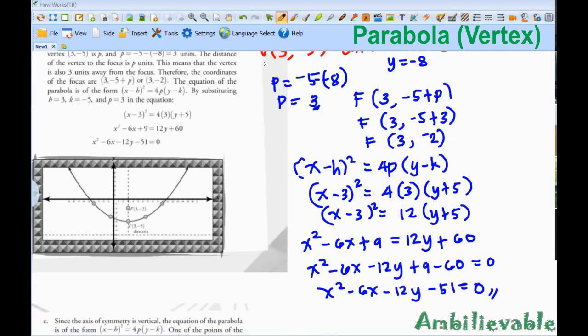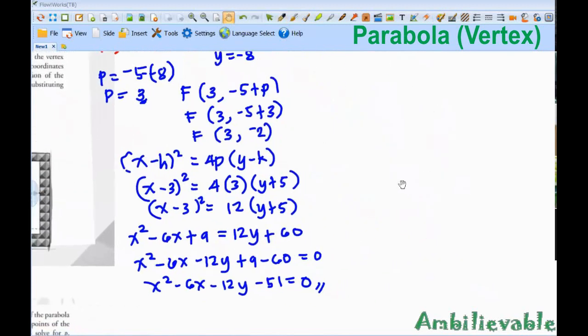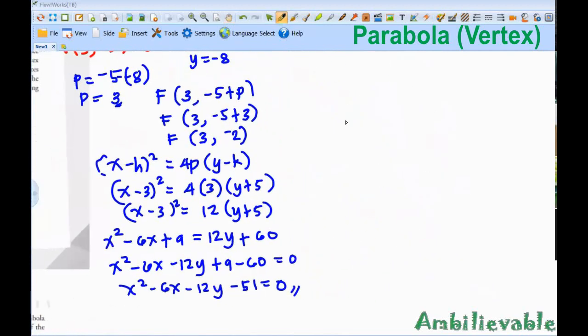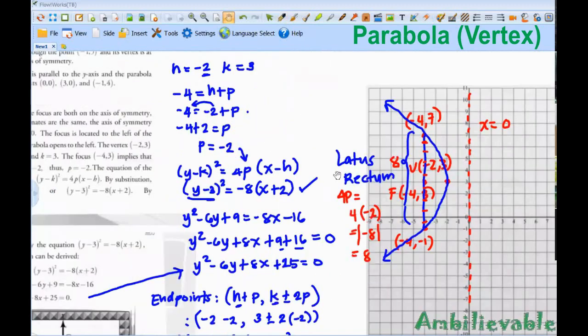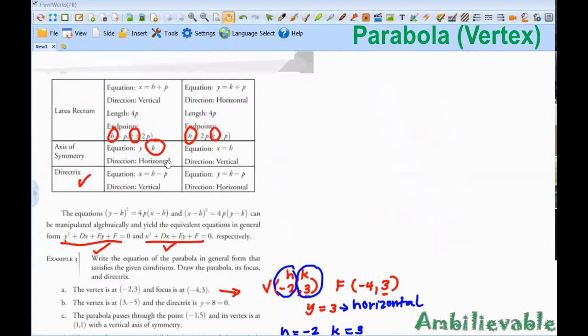Now let us get the endpoints of the parabola. What is the formula of the endpoints when it opens upward? Again, we just reverse our formula from the previous one. The previous one was P plus 2P, right? So we have to reverse that. It's the same thing as what we have here.